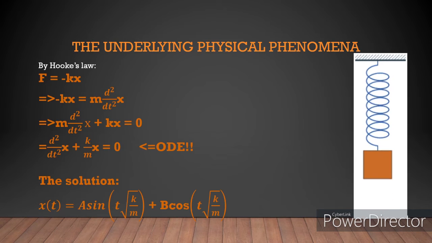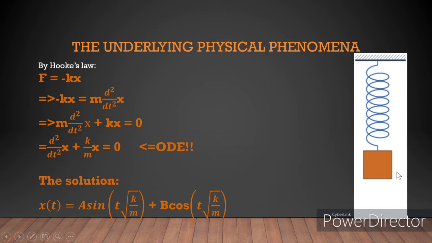And then we make F equal ma, where a equals the second derivative of x with respect to t. And then put all parameters to the right. So we get the second order ODE.